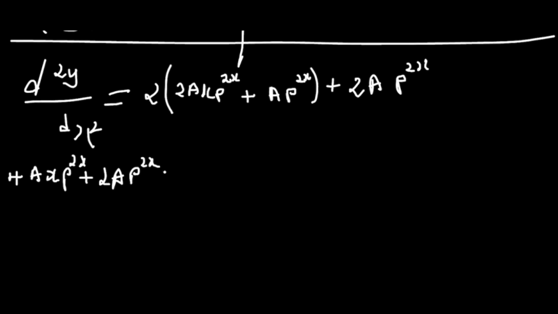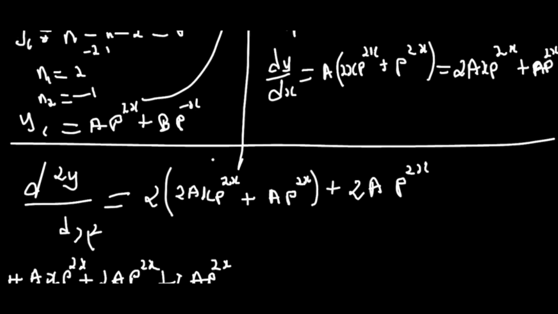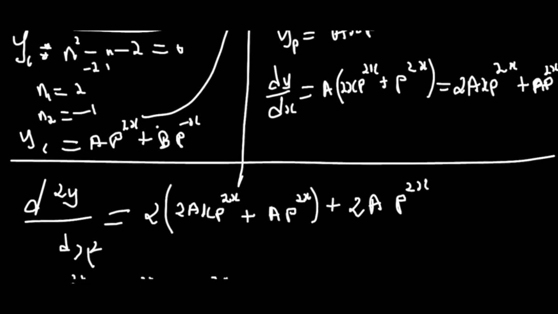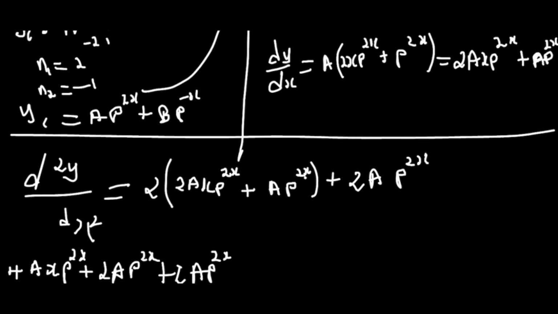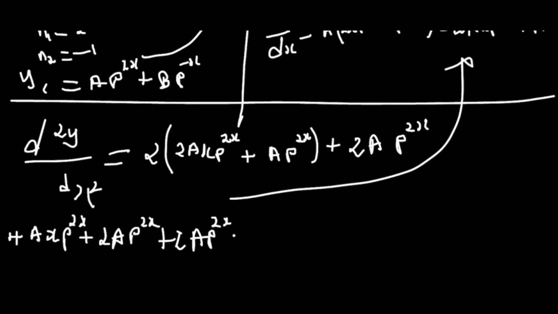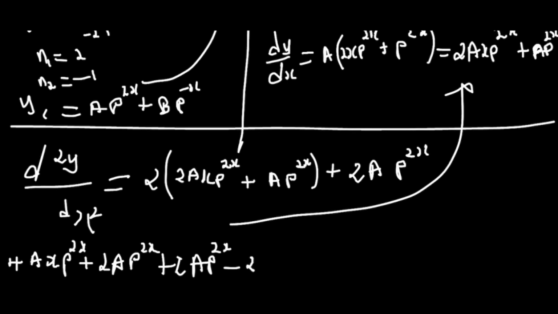Now minus the first derivative, so minus 2ax e to the power 2x minus a e to the power 2x.